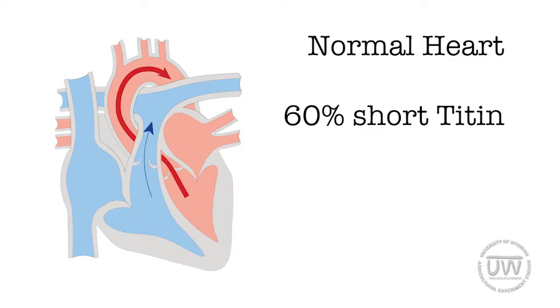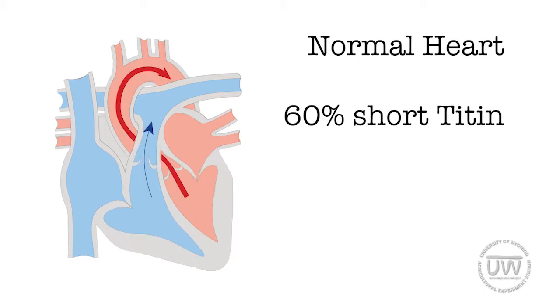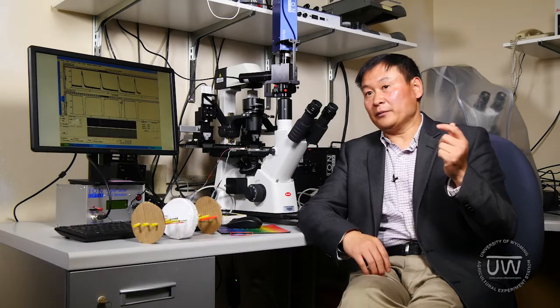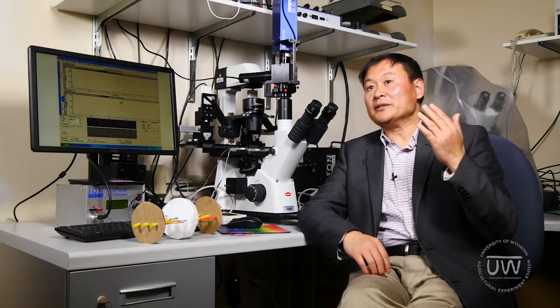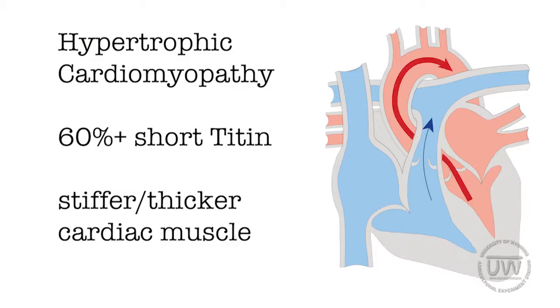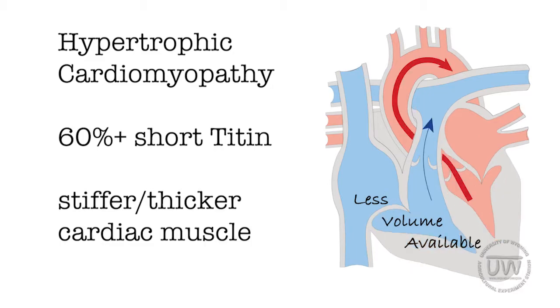That's amazing. Imagine a normal heart tissue: the short titin isoform takes up about 60% in a normal healthy heart. But if the short isoform is expressed more, the heart will be stiffer, which is commonly seen in patients with hypertrophic cardiomyopathy.